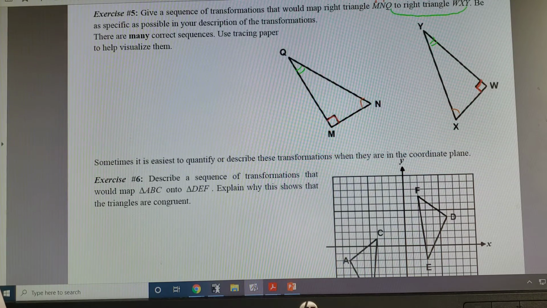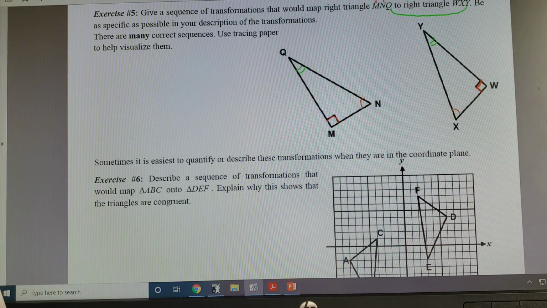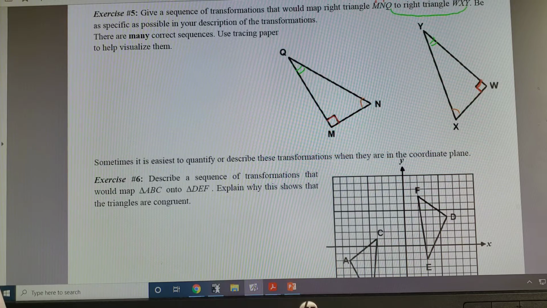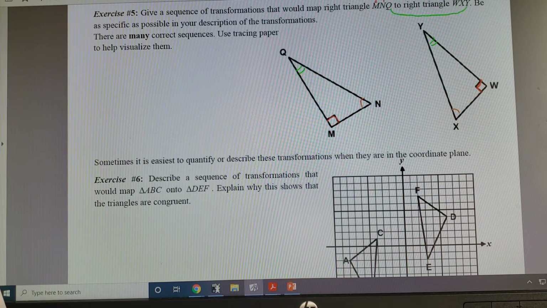And I also noticed that the triangle's definitely moved over to the right. So what are you thinking? Okay, do me a favor. Can you put the tracing paper on top of the original triangle?